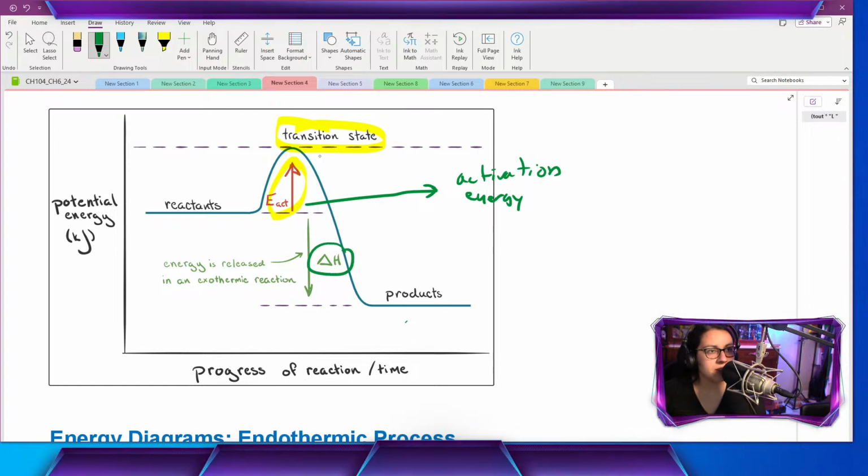And in this reaction diagram, note that your products are lower than your reactants. So this is showing us an exothermic process. Questions about that one?